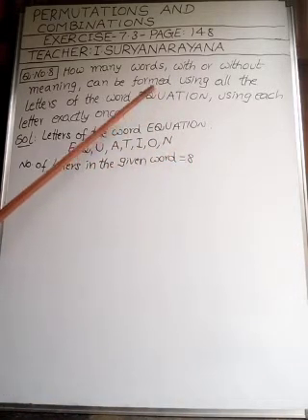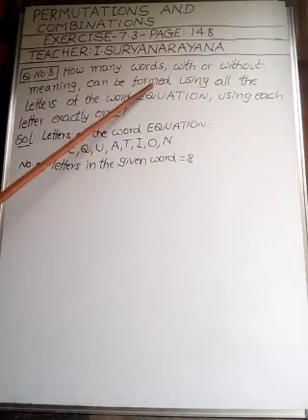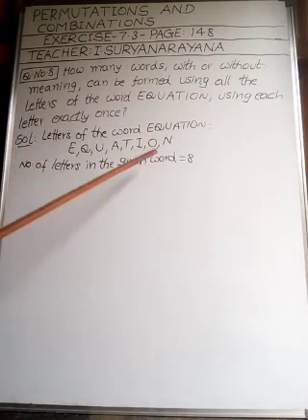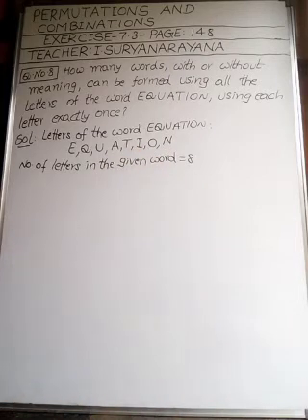How many letters to be taken here? We have to write the words by using all the letters of the word. We have to use all the letters of this word, to write the words with or without meaning.